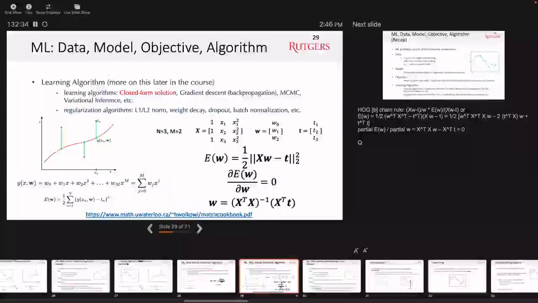And now we can expand it into different terms, right? If we expand it, I hope you still remember your linear algebra. So we're going to take this transpose into this whole equation.